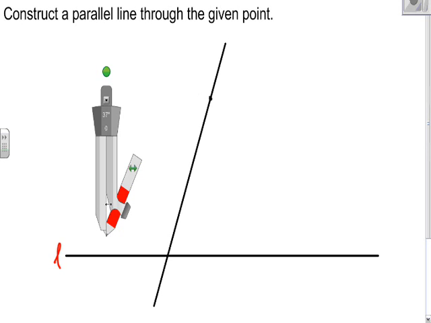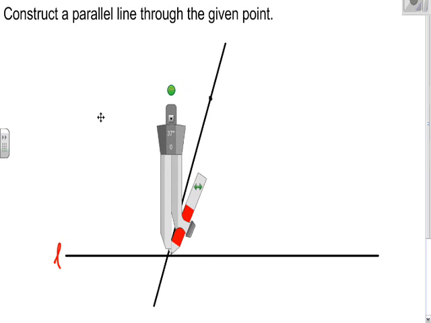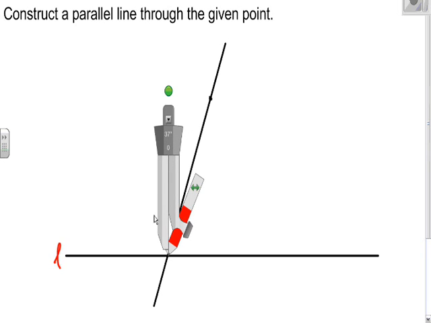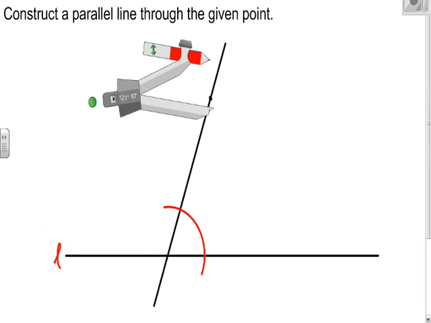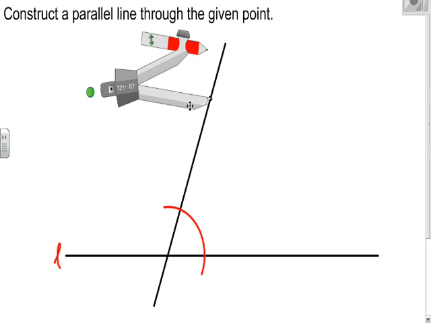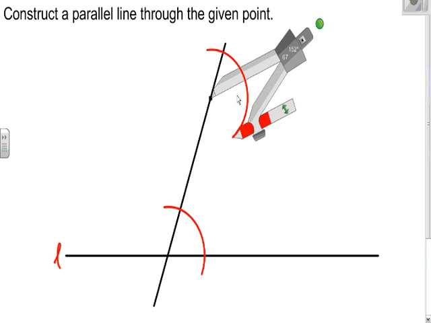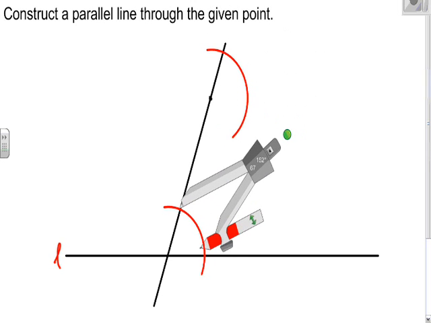So to construct a congruent angle, we first put the tip on the intersection, stretch out our compass, and draw an arc, and move up to the other point that we're going to go through. Make a similar arc. Then bringing your compass back down, we need to measure the distance from where the arc intersects each line.